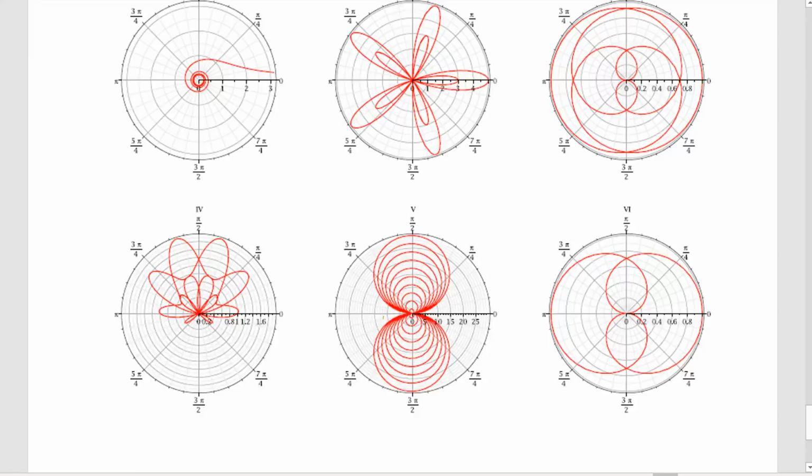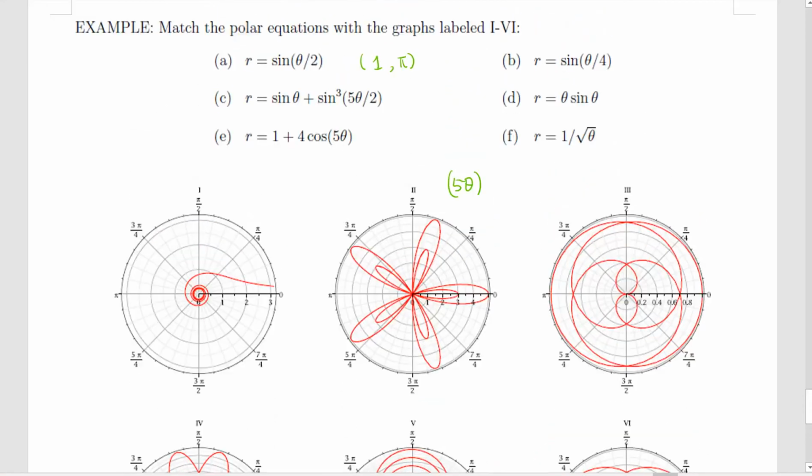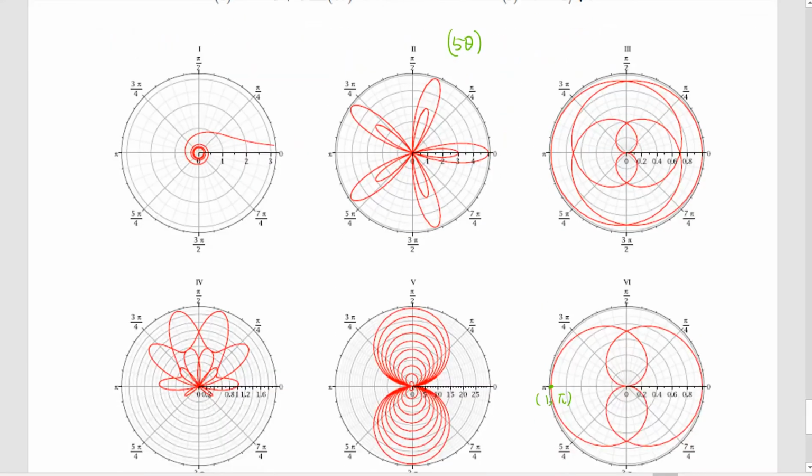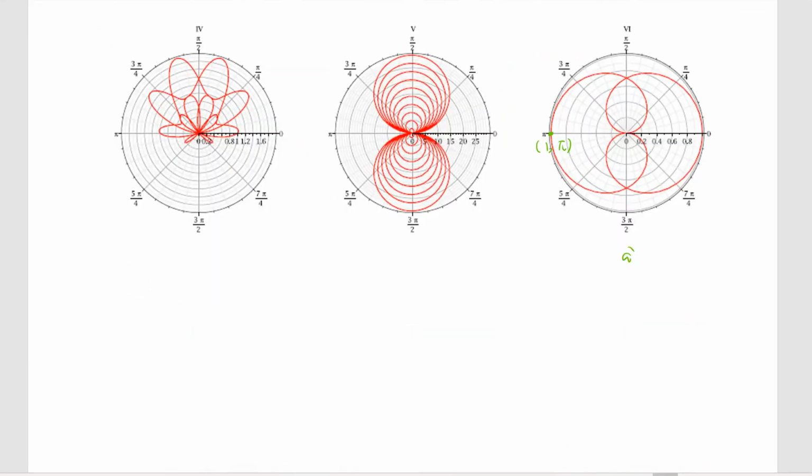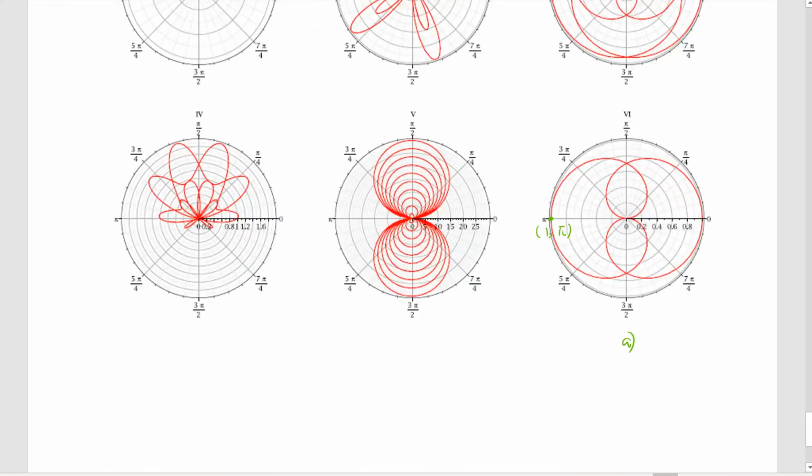Let's look at this one. Yes, this one works because this point is exactly 1, at pi. So by reviewing the cases, we know the last picture corresponds to the first equation.